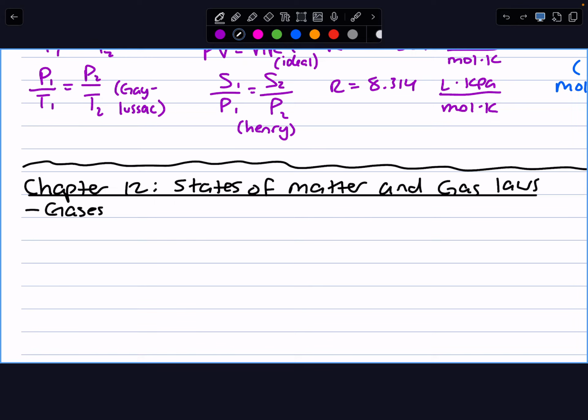Are they not definite with gases? Right. So gases have no definite volume. And shape or just volume? And shape. They take the space of their container, right? Okay, so gases take the shape of their container. They have no definite volume or shape.